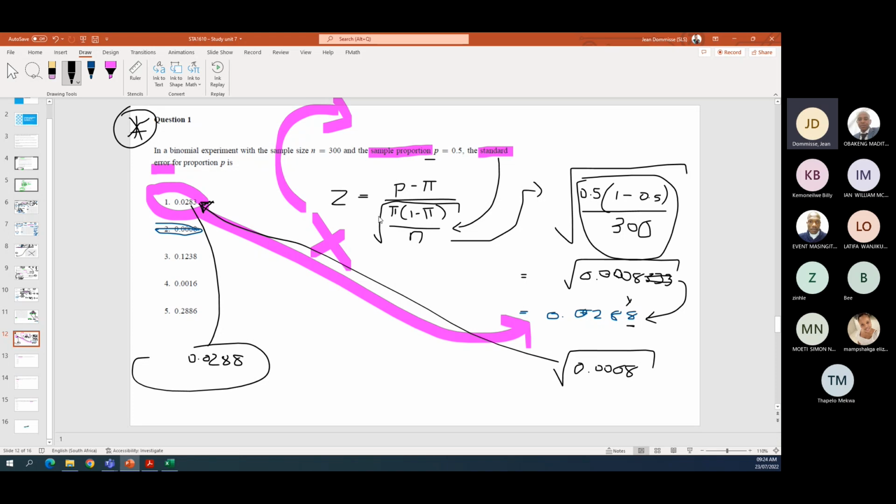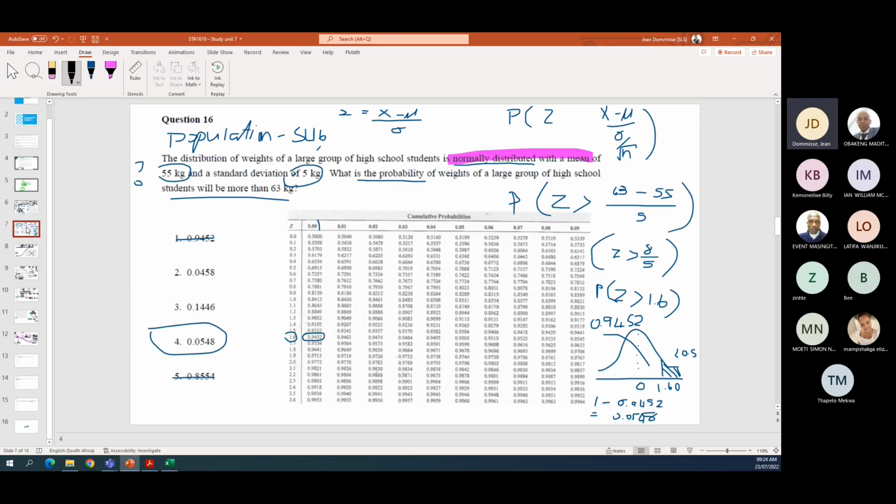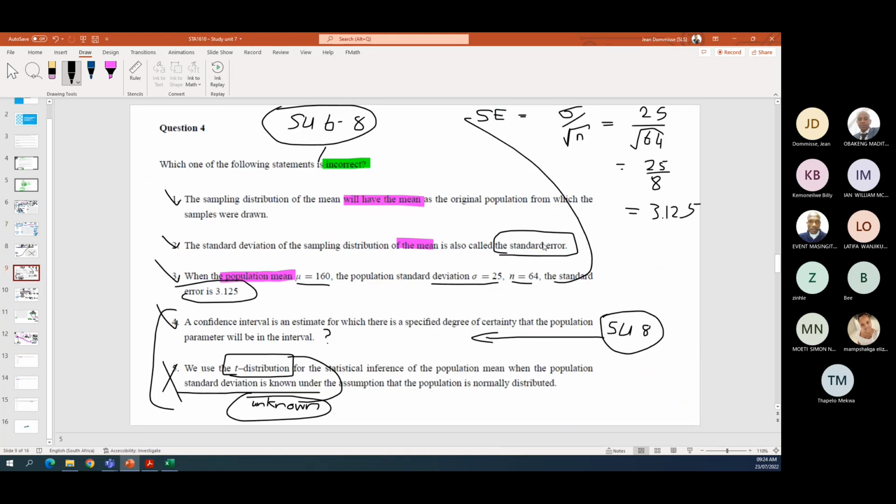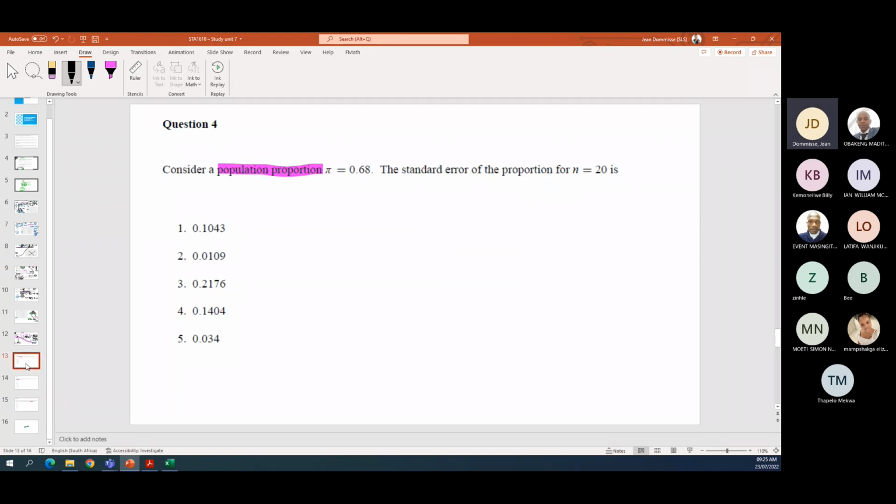Standard error is the one that's at the bottom of that formula, the same with your standard error with your mean, it is the one at the bottom. So just remember the standard error calculation.